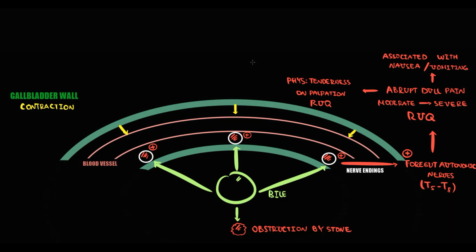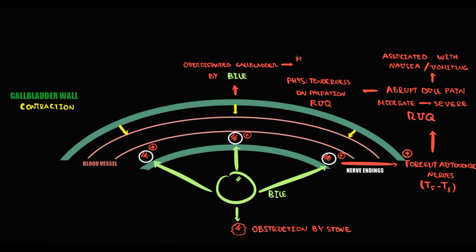With full obstruction of the cystic duct, the gallbladder remains fully filled with bile despite numerous contractions, and accumulation of bile inside the gallbladder causes gallbladder overdistension, and on physical examination we can determine a mass in the right upper quadrant of the abdomen.